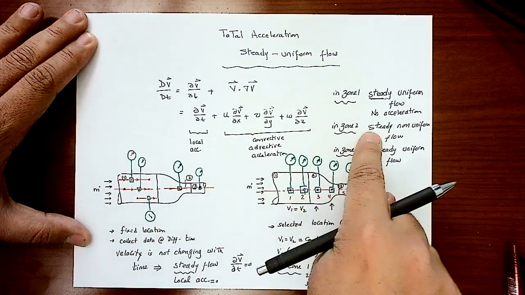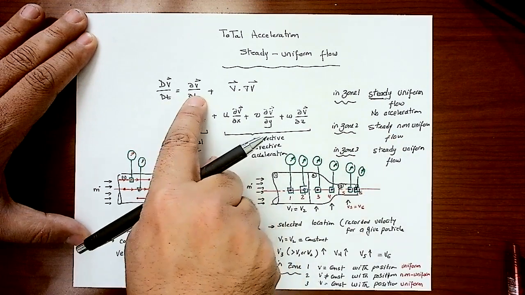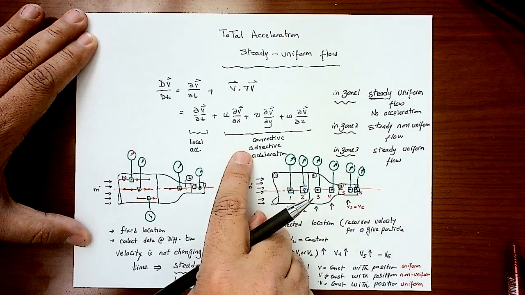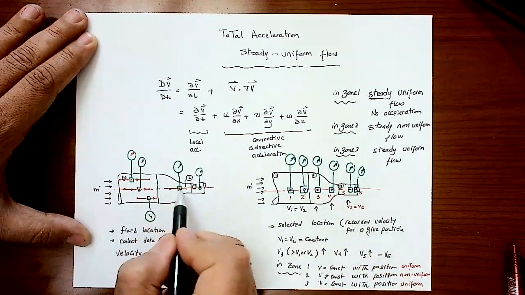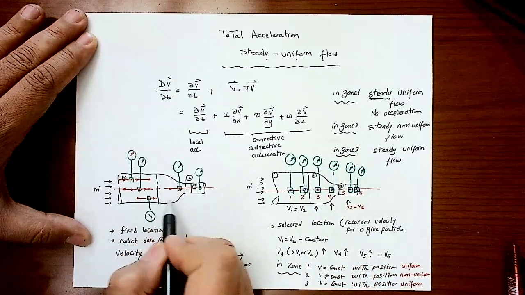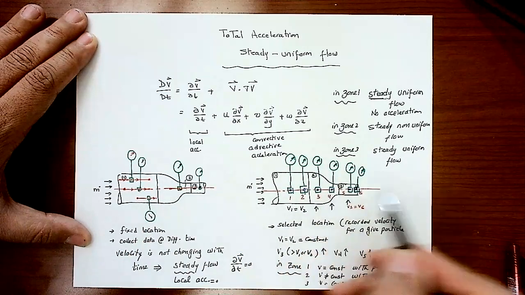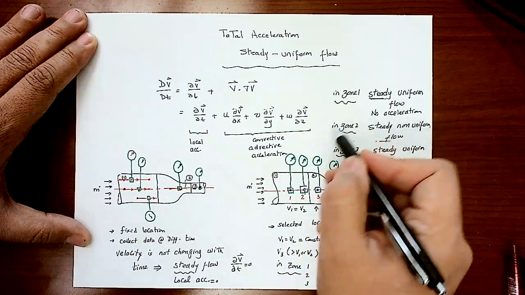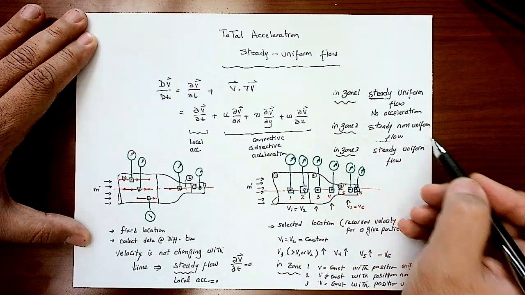When you go to zone number 2, you still have steady, so that term is 0, right? But it's still non-uniform, which means that there is acceleration. The fluid will accelerate, and that's obvious. It's going to change the velocity, but not because of the time effect. It's because of the position effect, because of the particles moving from one location to the other. So I should expect a convective or advective acceleration in zone 2.